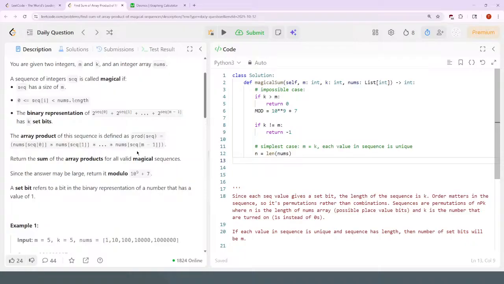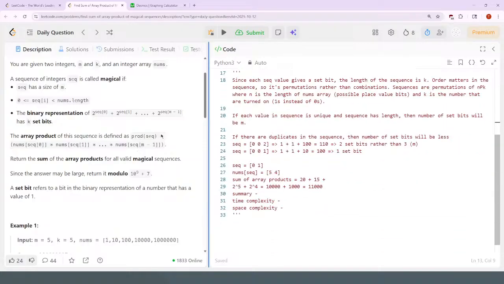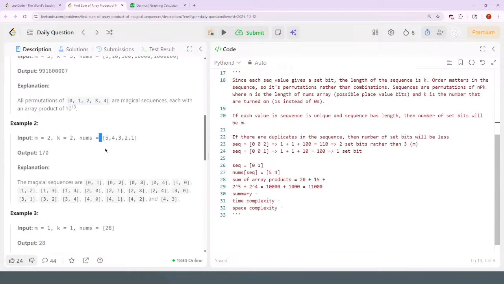Oh boy. The array product of sequence is defined as product of nums at sequence of 0 times nums at sequence of 1. Okay, let's consider the implications of that.